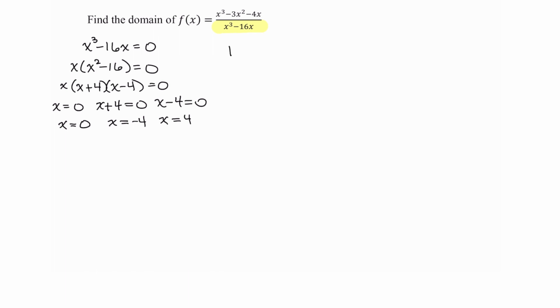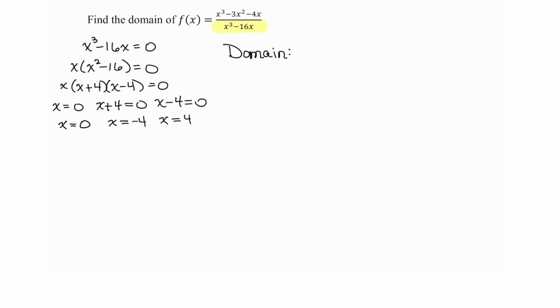Now when we state the domain, there are a couple different ways that we can state it. One way is just to say all reals except 0, negative 4, and 4, but we want to state it in interval notation. So with interval notation, as you look at it, you want to do the interval from smallest up to largest.